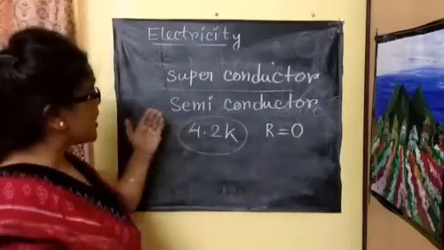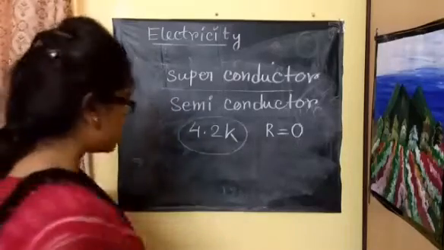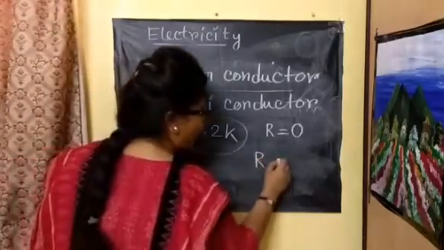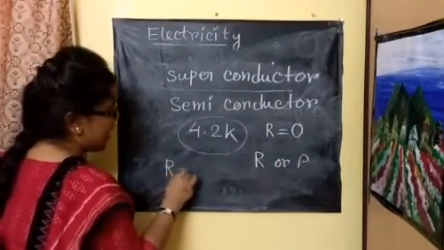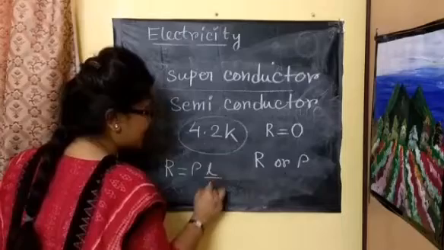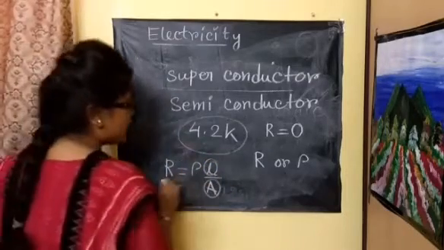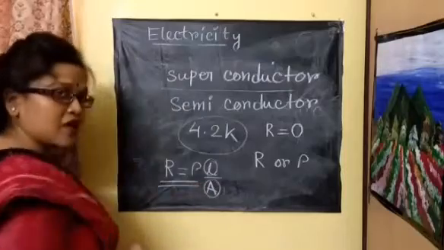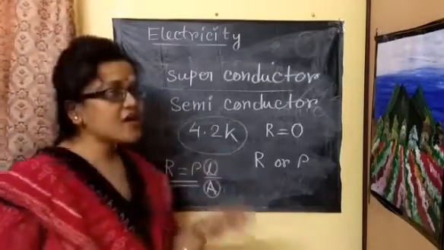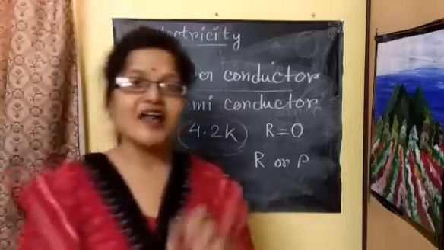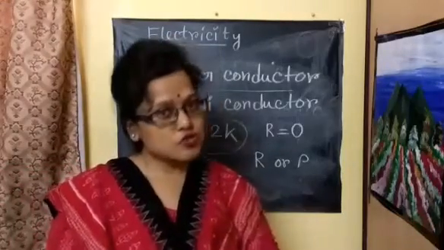And the same thing, another one is semiconductor. See, resistance and resistivity, R or rho. I can recall that R equal to rho L by A. Now, if L and A are somehow 1, then R equal to rho. Clear? This means R and rho nearly play the same role.